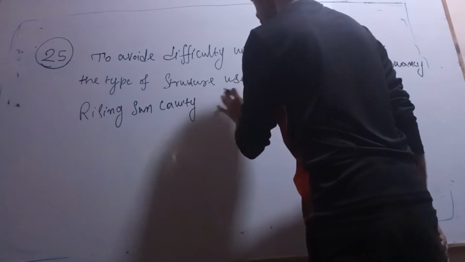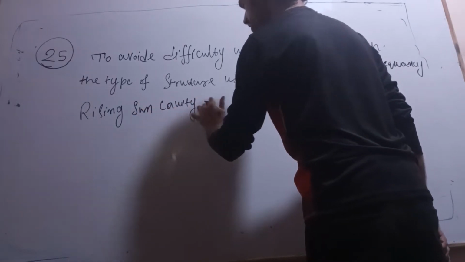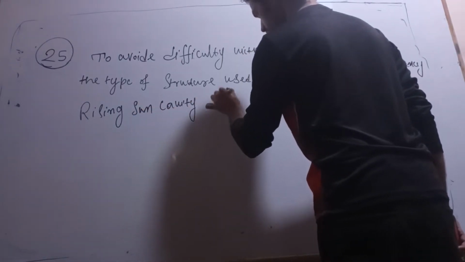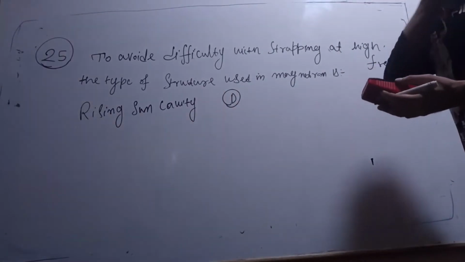The type of structure used in the magnetron is the rising sun cavity. So option D is correct.